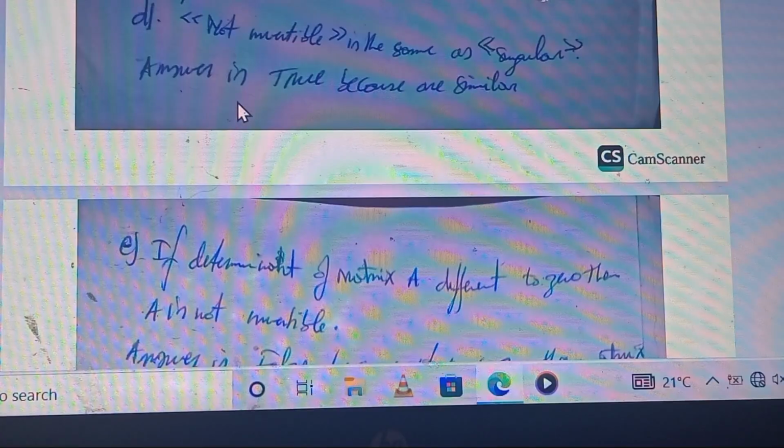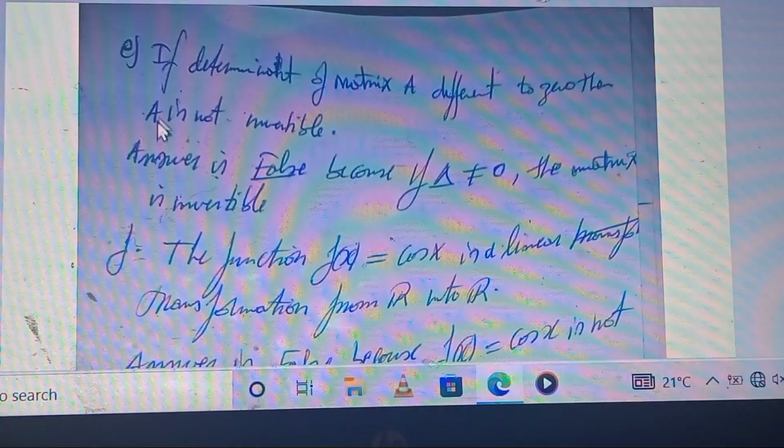Question D. Not invertible is the same as singular. That is true because they are similar; when you say not invertible or singular, they are the same. Then the letter E. If the determinant of matrix A differs from 0, then A is not invertible. Here it is false because if the determinant differs from 0, the matrix is invertible, not non-invertible.